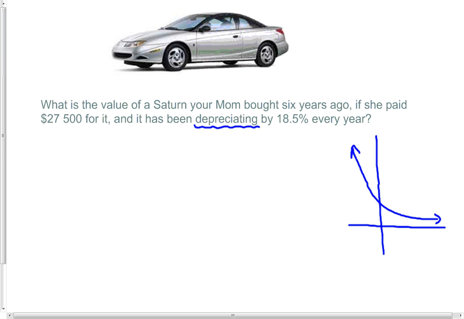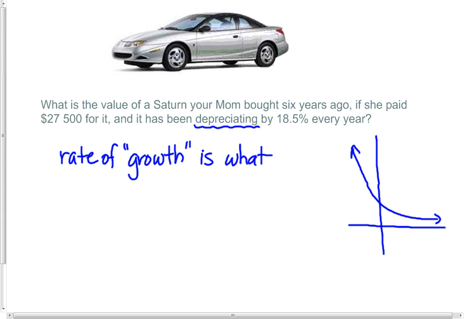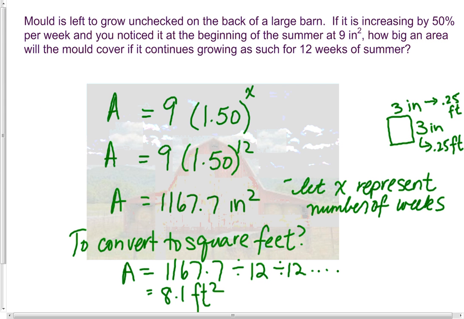Our rate of growth is what you keep. So in the last problem, our rate of growth was 1.50. We keep the original amount of 9, and we also keep 50% of it added to it each time.